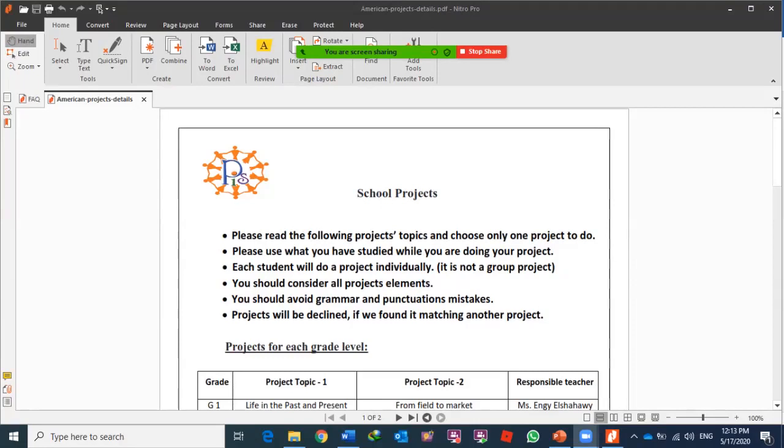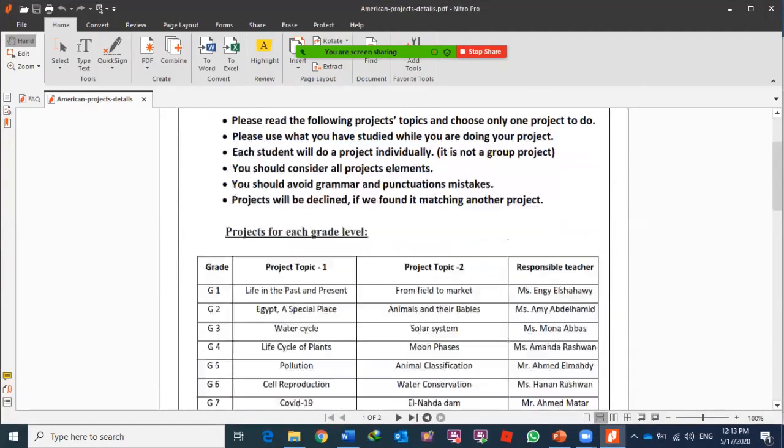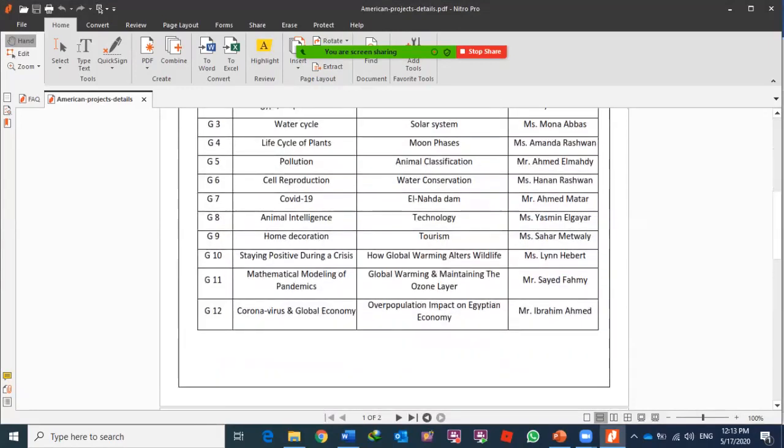You should consider all project elements, especially science and math. As I told you here, for grade 12, the teacher who is responsible for you is Mr. Ibrahim Ahmed.